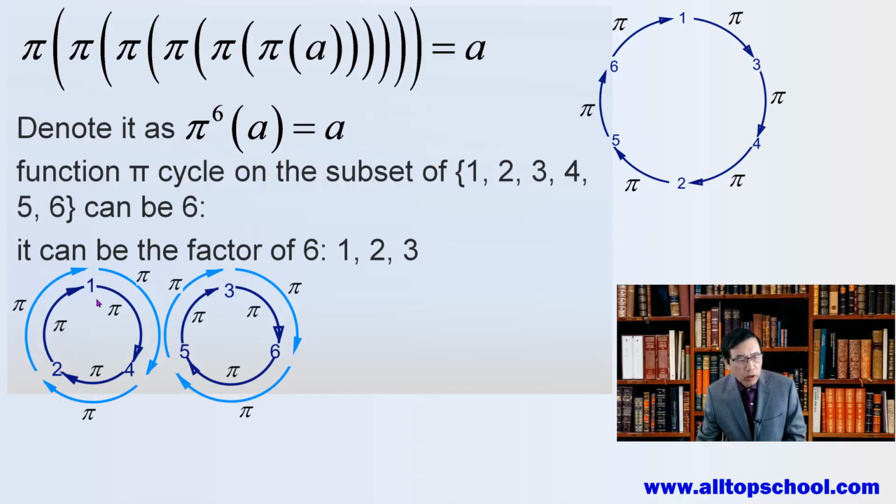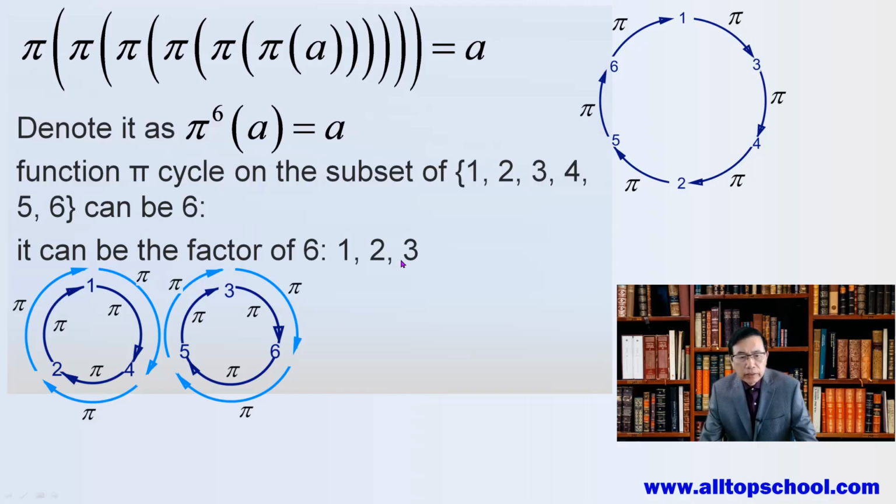For example, 1 maps to 4, 4 maps to 2, 2 maps to 1. If you do 6 mappings, going another round, you still come back to 1 itself, and 2 is the same. Likewise in the other cycle: 3 to 6, 6 to 5, 5 to 3, and continuing another round, pi to the 6 maps each to itself. So this is a cycle of 3.